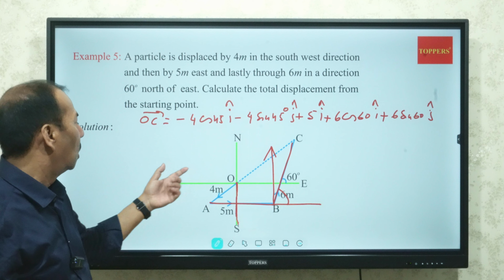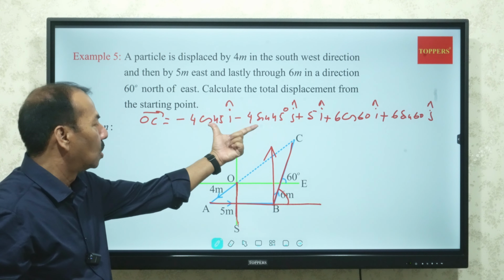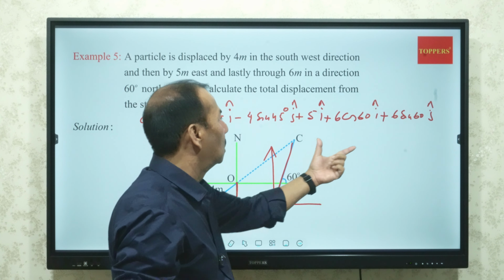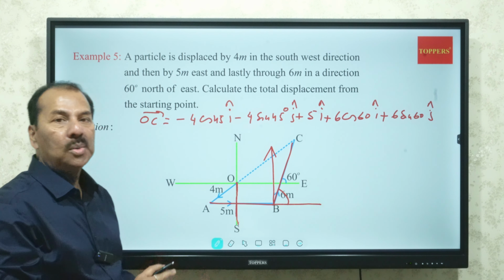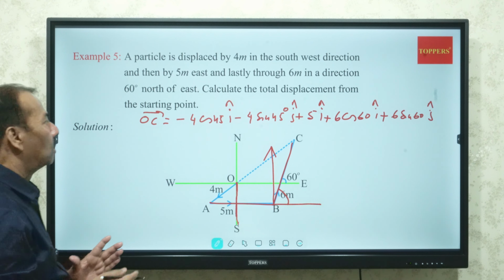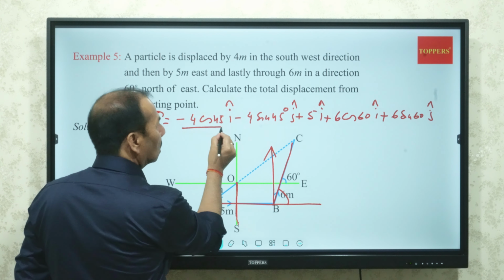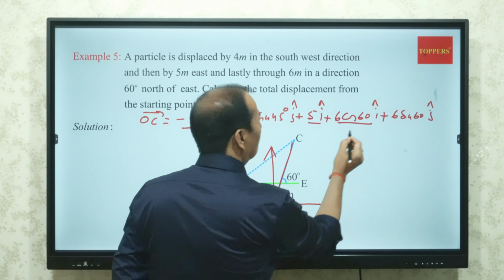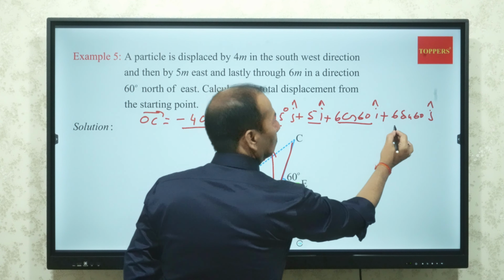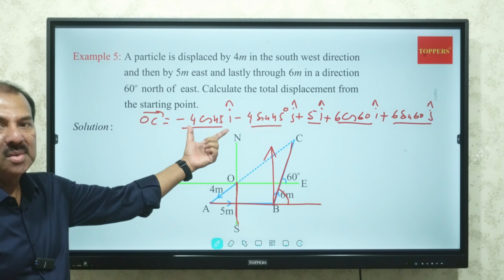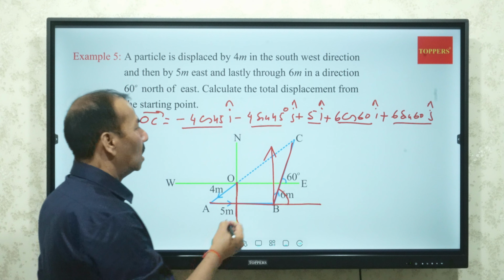So we have taken all that: this is your OA, plus AB, this is AB, plus BC, so this is your BC. Now you have the i component as well as the j component, meaning the x component as well as the y component. So add or subtract i with i together, j with j. Once you get this, after calculation that you can do, we get this.